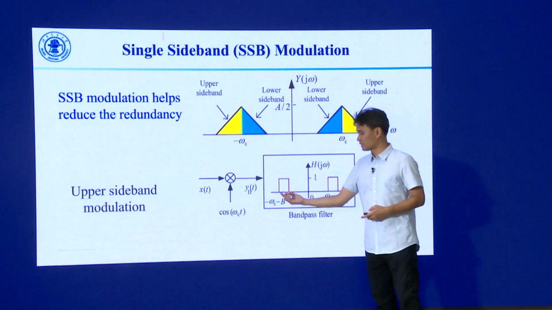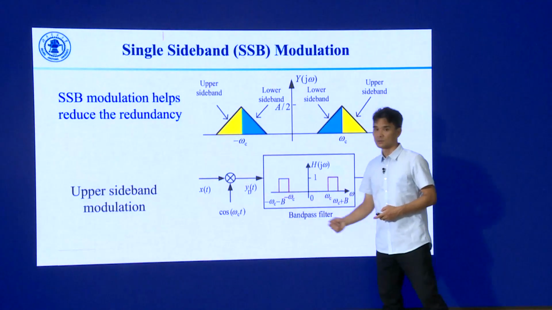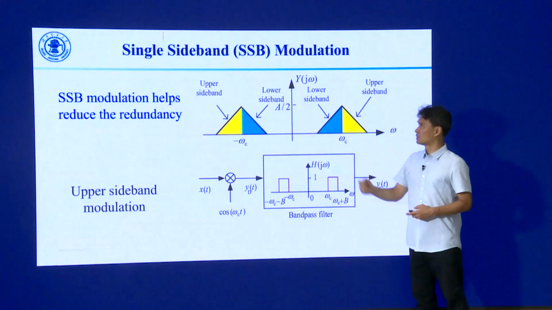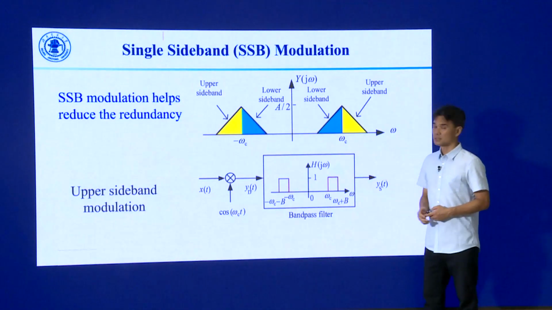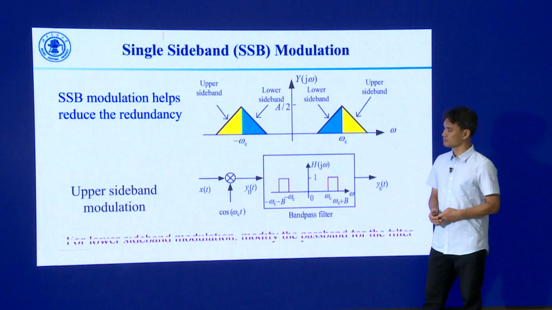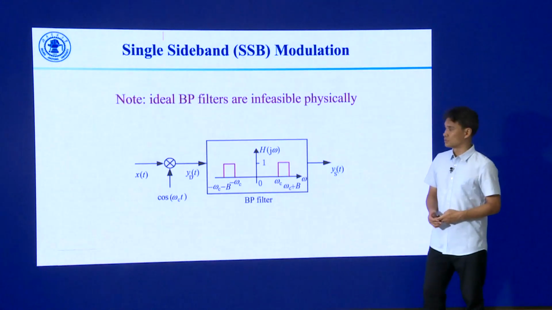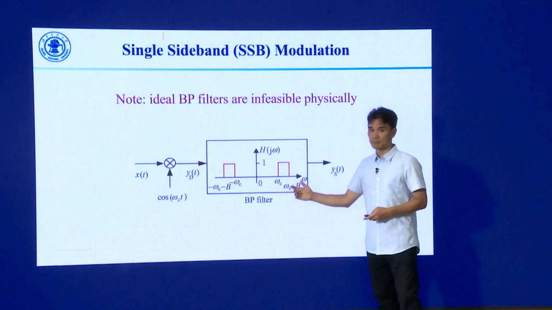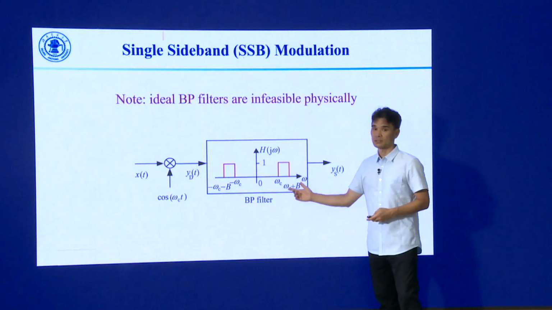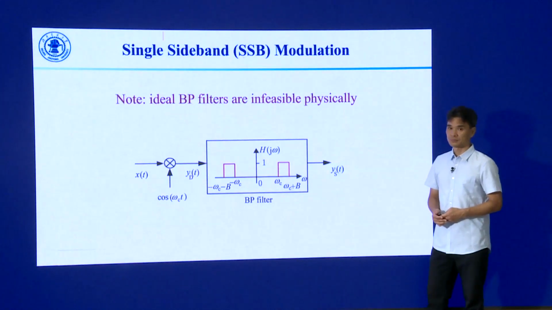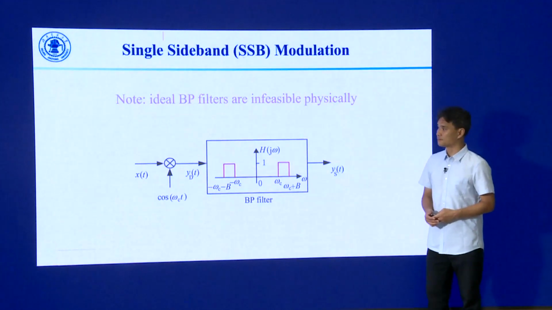And by selecting the passband, we can selectively get the lower or the upper sideband. The problem, however, is that we cannot implement the ideal bandpass filter physically. So we need to find another way.